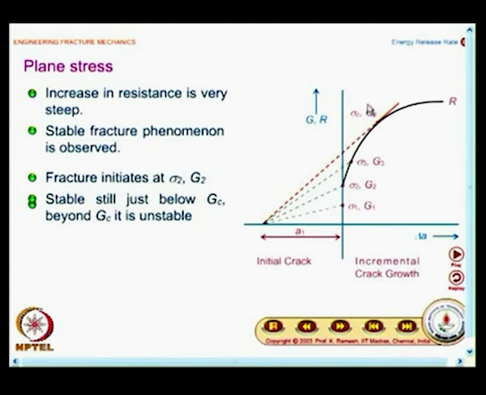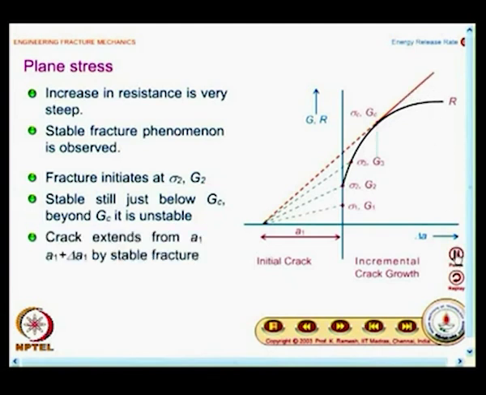When the stress becomes sigma c, you find G equal to R as well as the slopes of these two curves being equal. So, beyond this you will have fracture instability. This graph shows a crack of initial length A1 has advanced by delta A1. For this extension, the fracture was stable. Beyond this, you have unstable fracture.